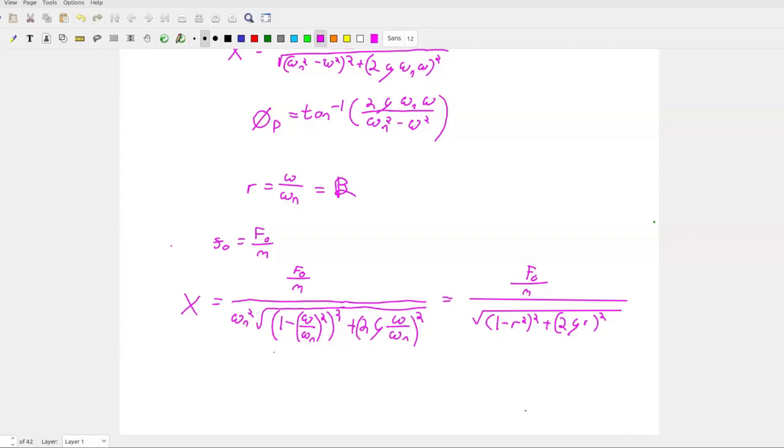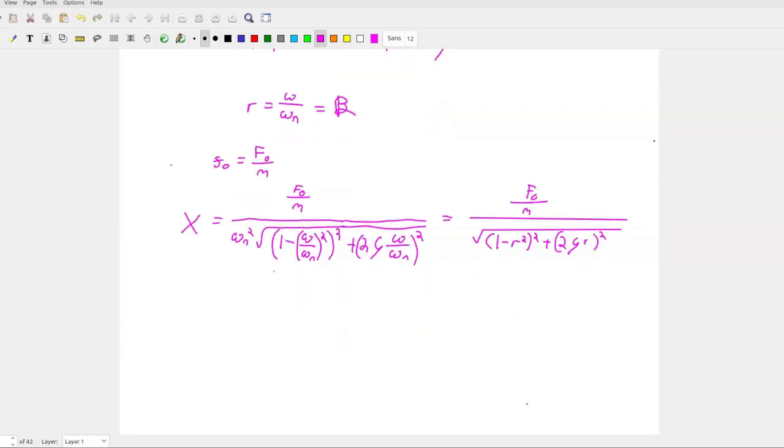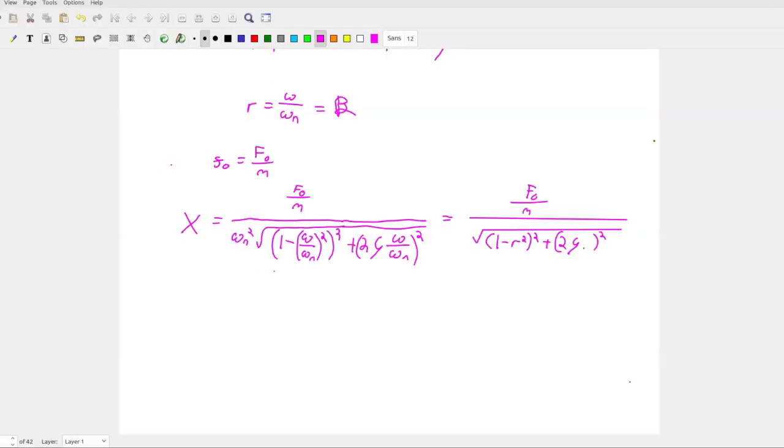Okay. So again, r is the parameter that we care about here because it's the relationship of our forcing frequency over our natural frequency. Where did the omega n squared go? It was outside of the square root in the first part.